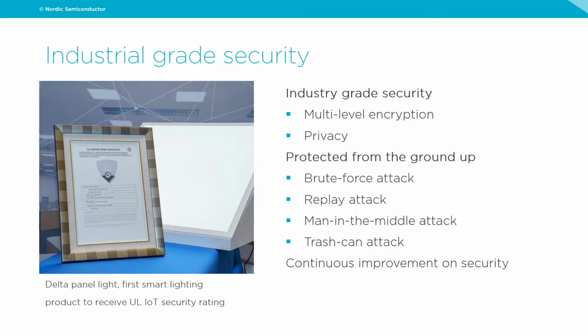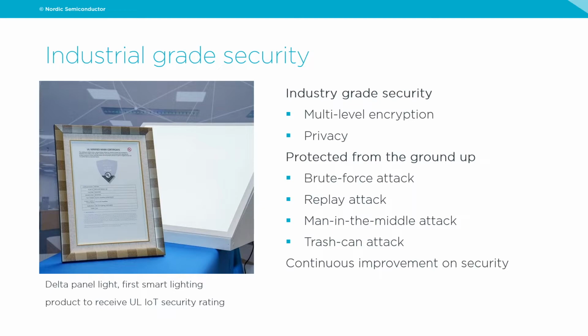There are authentication methods that protect against man-in-the-middle attacks, and there's a procedure to unprovision and decommission nodes, so you avoid trash can attacks. That means you take a node out of your network and put it in the trash, and the attacker will try to extract the network keys and attack your network. So you can actually prevent that node from entering your network again.